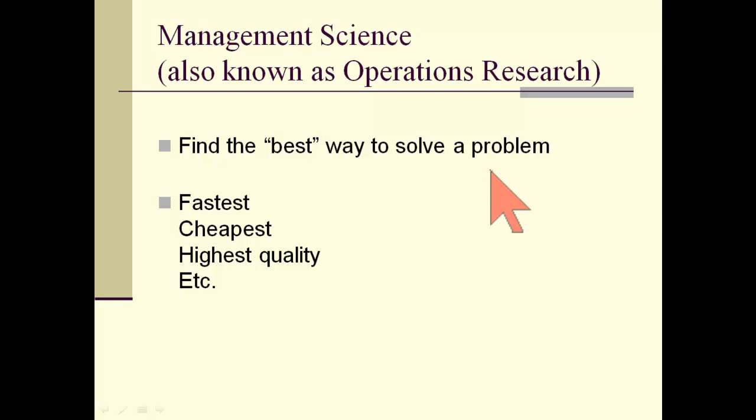If you're a company making a particular product like tires, maybe you want the cheapest way to manufacture a tire. Or perhaps you're an automobile manufacturer and you want to build up your reputation, and so for a given amount of money you want to produce the highest quality car. It's just human nature to try to get the most that we can out of the given resources, and that's what operations research is all about.